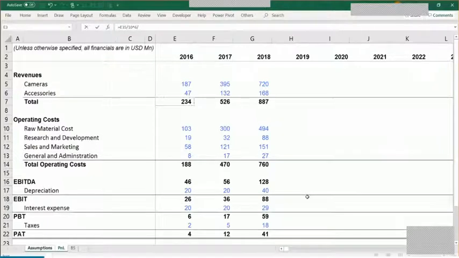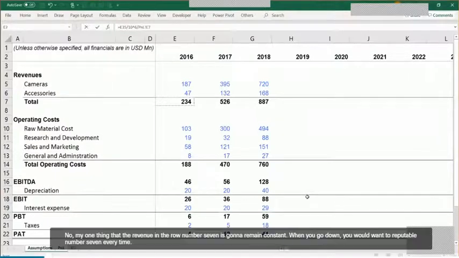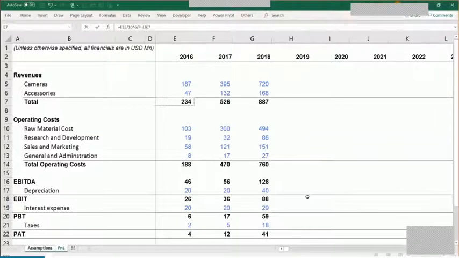7. Now mind one thing, that the revenue in the row number 7 is going to remain constant. When you go down, you would want to refer to row number 7 every time, right? Because whether it is R&D or sales and marketing or general and administration expenses, every time in the denominator, I want to take the total sales, and that's there in row number 7.